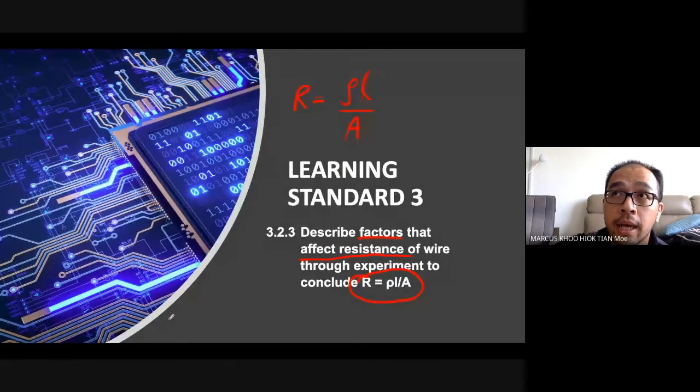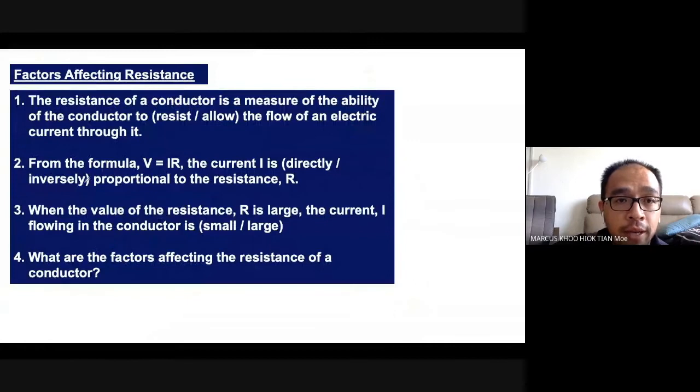Then the next experiment you did was this one, right? The factors affecting the resistance. Which is the factor that you were experimenting on? Experiment 3.3, is it? Is it the length or the thickness of the wire or the material of the wire?